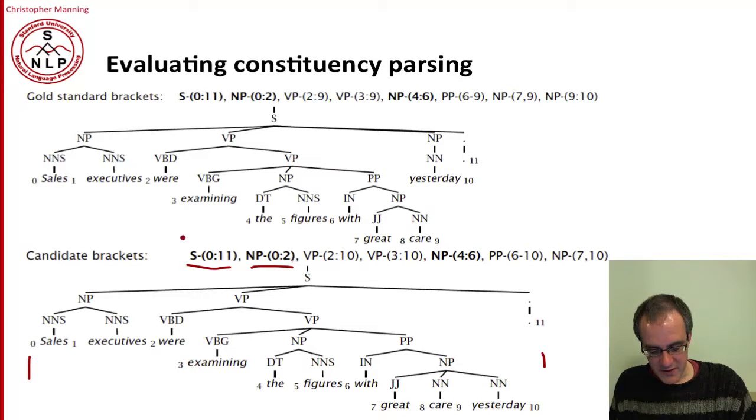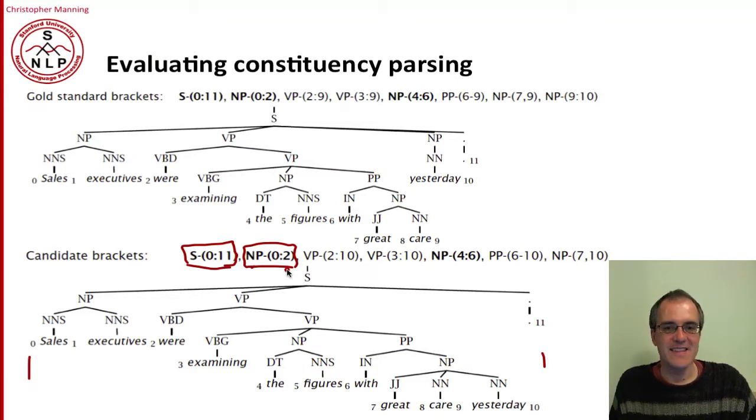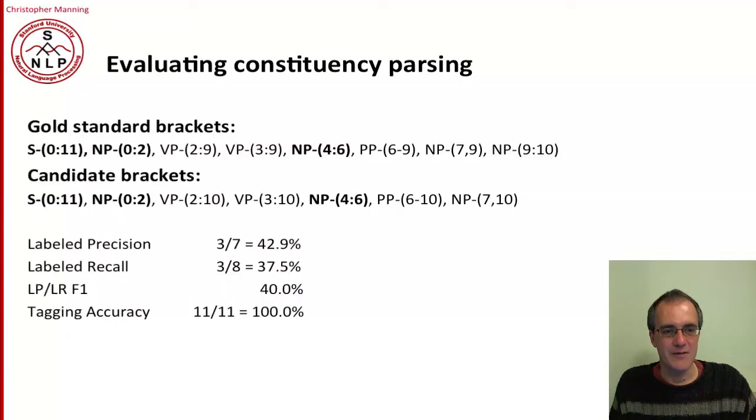And then what we do is we simply treat each of these as a unit, as an atom that you either get right or wrong. And then we use exactly the same precision, recall, F measure that you've already seen several times before. So here are the gold standard labeled bracketings. Here are the candidate labeled bracketings, and I've shown in bold the 3 that the candidate agrees with the correct parse on.